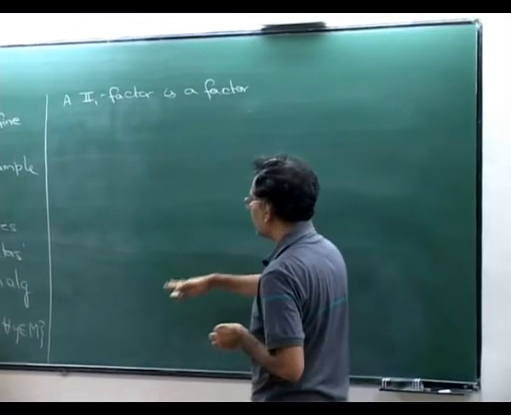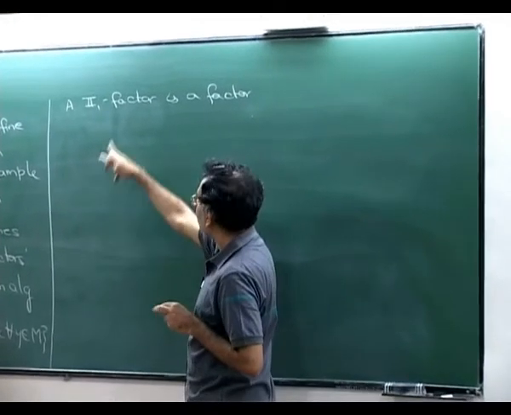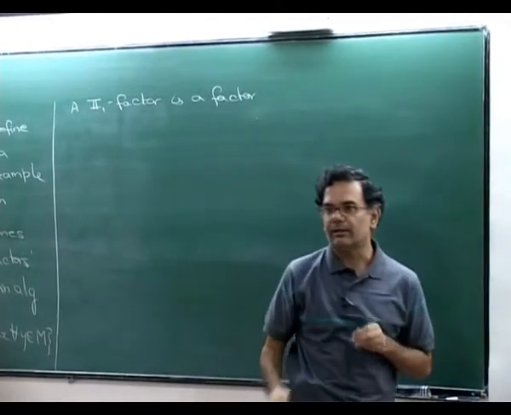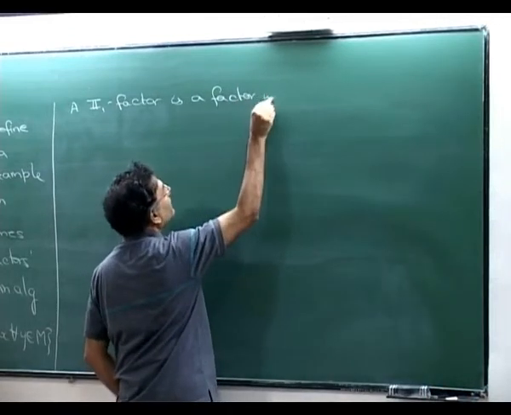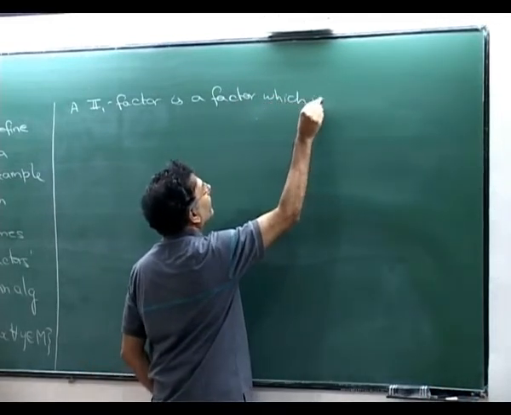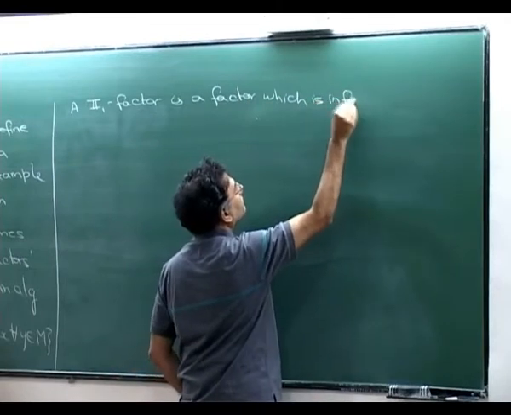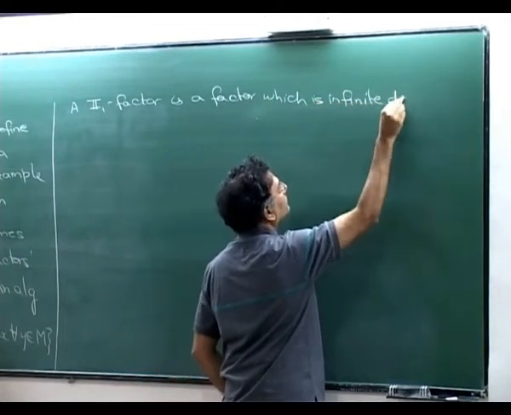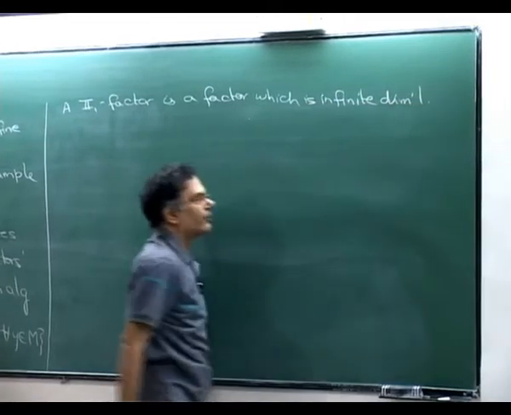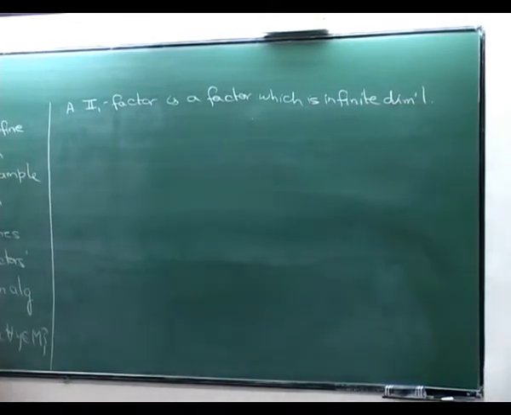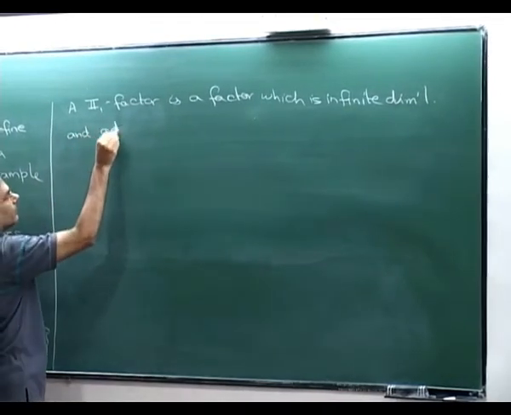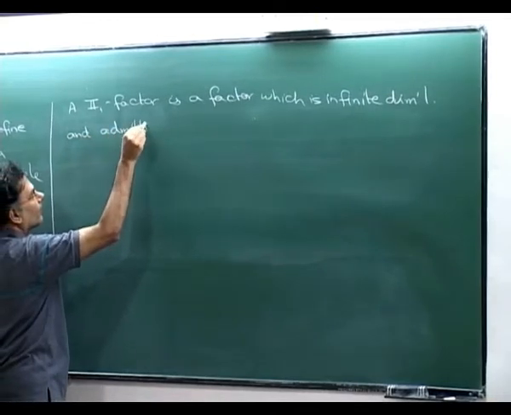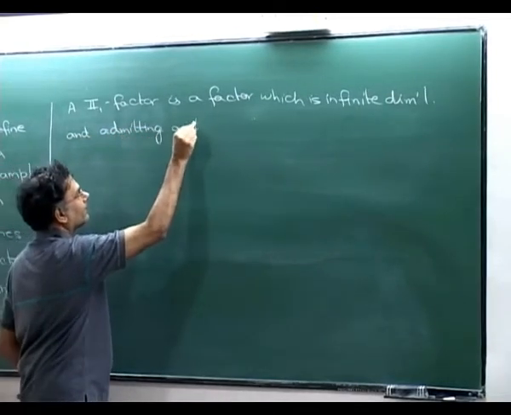So among the factors there are various kinds, and of the kinds we will only be interested in things called II_1 factors, and II_1 factors are those which is a factor which is infinite dimensional, so we are not interested in finite dimensional von Neumann algebras. It's an infinite dimensional von Neumann algebra admitting a trace.